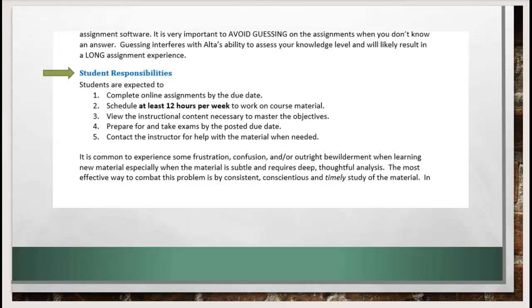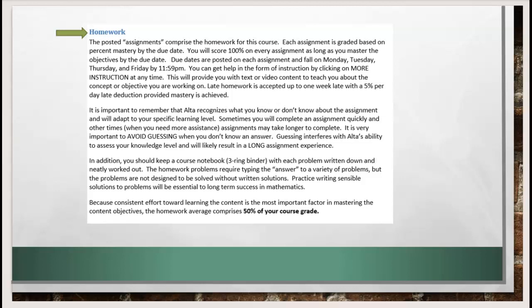the homework assignments. You will score 100% on homework assignments as long as you master the assignment objectives by the posted due dates. Due dates are clearly posted on each assignment and fall on Monday, Tuesday, Thursday, and Friday by 11:59 p.m. Alaska time.